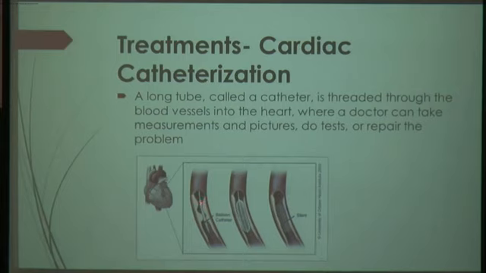In which case they insert a tube, and on top of the tube there's a balloon which can be inflated if it's in the right place, and then this blood vessel can be expanded, so it's not narrow anymore. The blood can flow like normal.